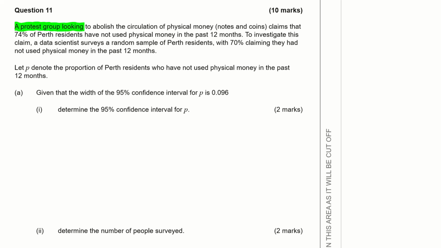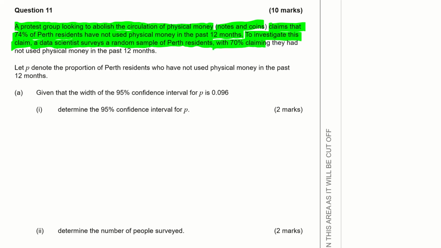A protest group looking to abolish the circulation of physical money, notes and coins, claims that 74% of Perth residents have not used physical money in the past 12 months. To investigate this claim, a data scientist surveys a random sample of Perth residents, with 70% claiming they had not used physical money in the past 12 months.